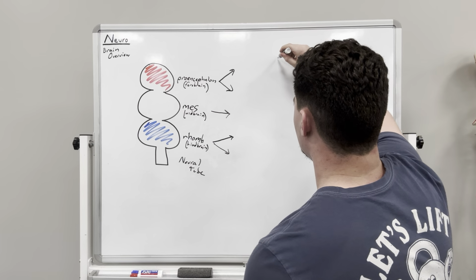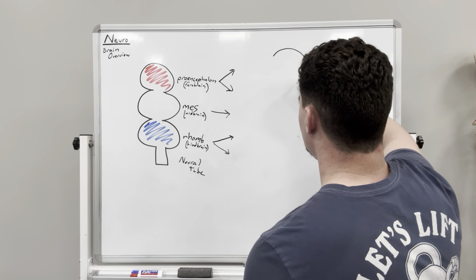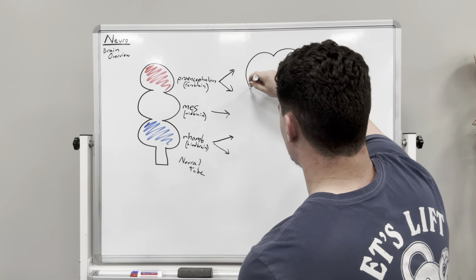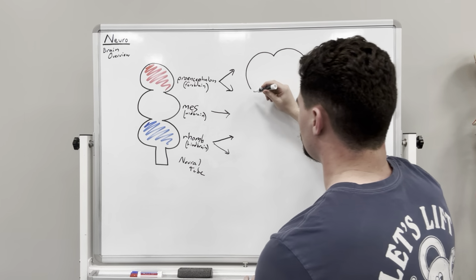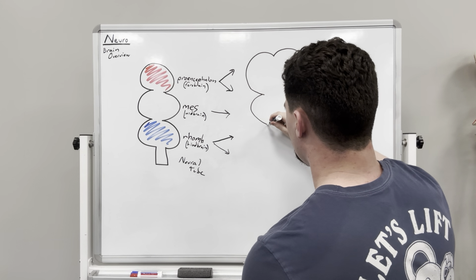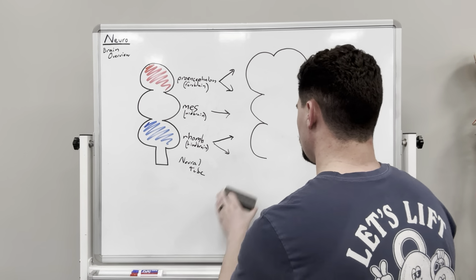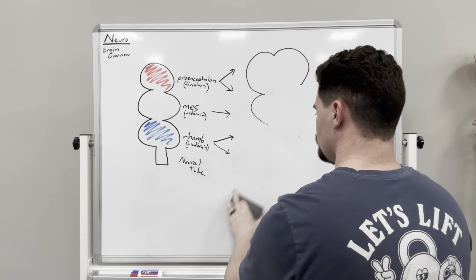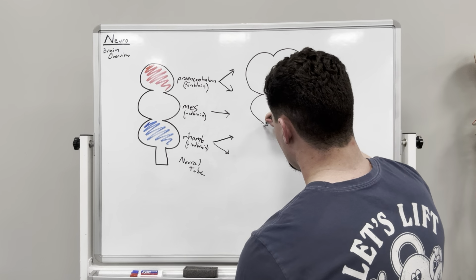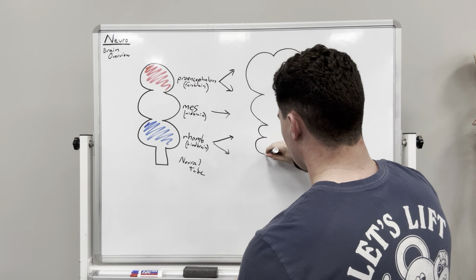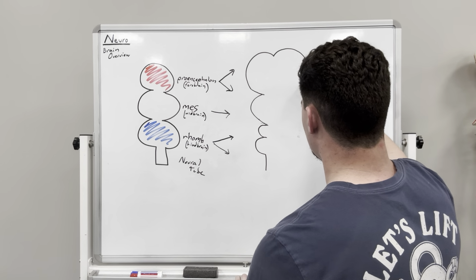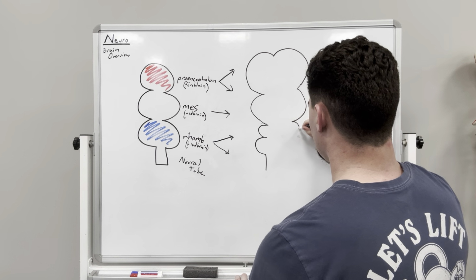So what does this look like? So it's going to turn into almost like hemispheres, okay? And then your midbrain, and then your rhombencephalon, and we'll do two little bumps there. And then your neural tube, so big, little.